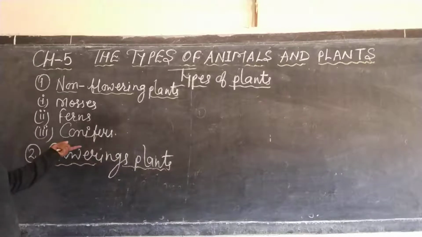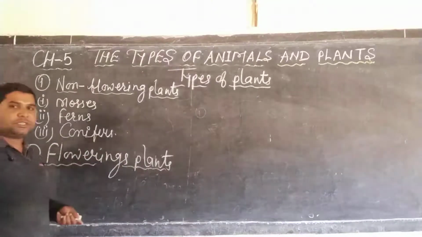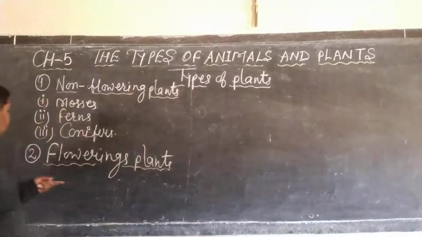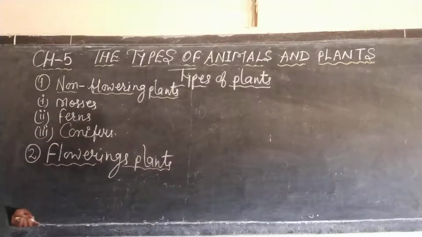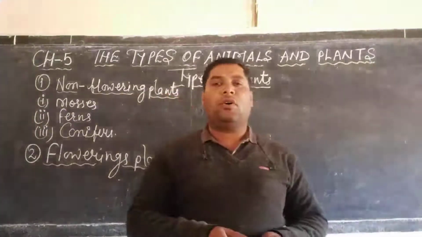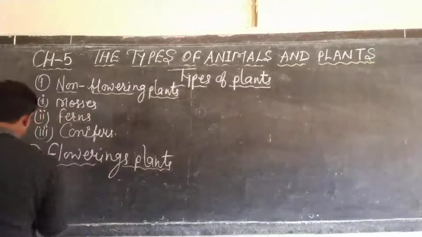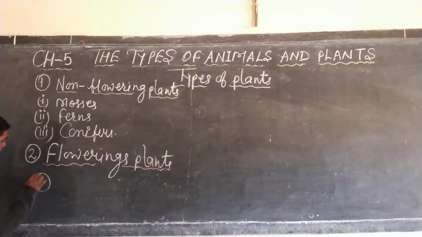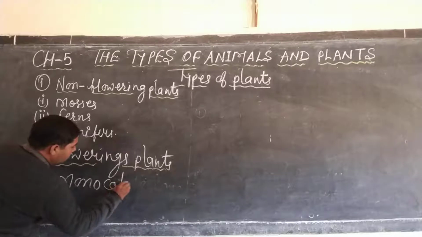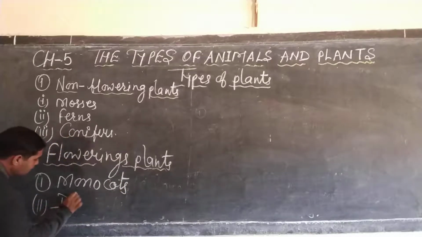These are the three types of non-flowering plants which do not bear flowers. Next is flowering plants. Flowering plants are divided into two types on the basis of seed. First, monocots, and second, dicots.